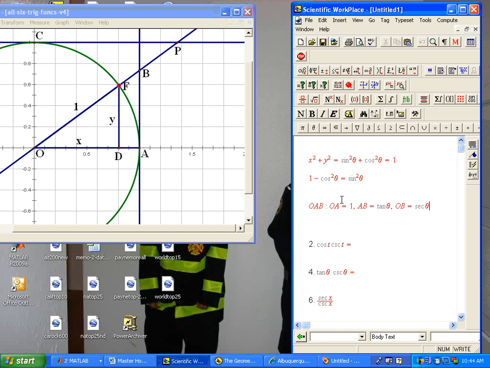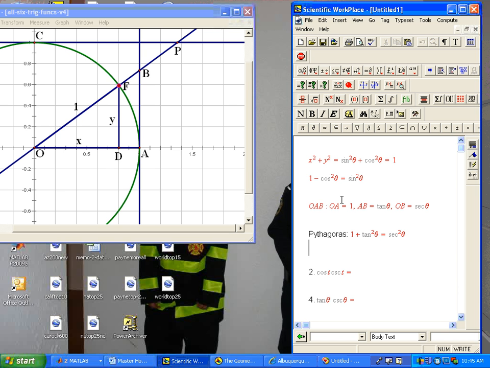Let's apply Pythagoras to that. That says 1, which is OA squared, plus AB squared, which is tan squared theta, is equal to OB squared, which is secant squared theta. That is another version of the Pythagorean identities.